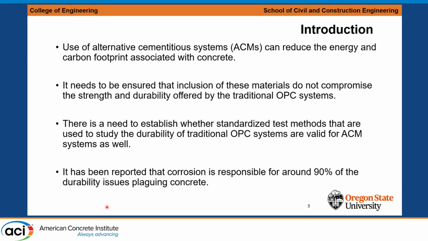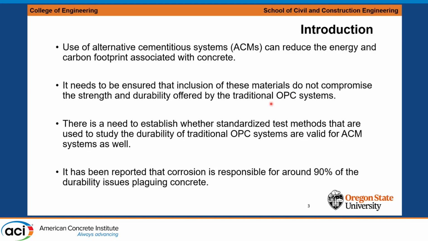Okay, so at this point, we know that use of alternate cementitious systems, also commonly known as ACMs, can reduce the energy and carbon footprint associated with concrete. And as the previous speakers mentioned, ACMs are a good fit for specialty applications. However, at the same time, it needs to be ensured that the inclusion of these materials does not compromise the strength and durability offered by the traditional OPC systems.